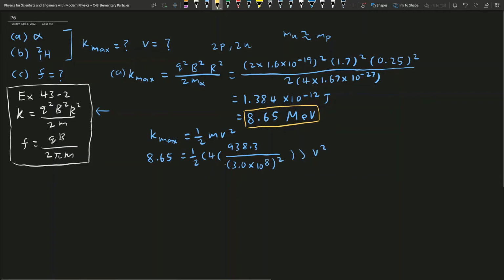Here is just the mass of a proton in MeV over c squared. Now you can see this MeV can be cancelled with this MeV, so we can directly find out the v.